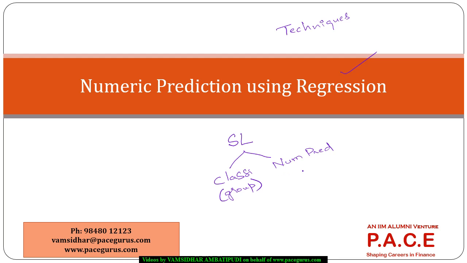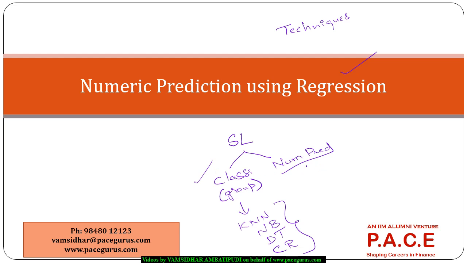Under classification, we have many algorithms: k nearest neighbors, naive Bayes, decision trees. Many such algorithms exist that we have already seen. We have also looked at classification rules, various things which are targeted towards classification.